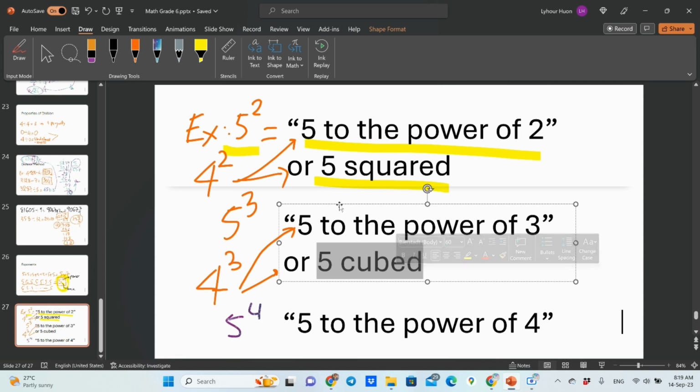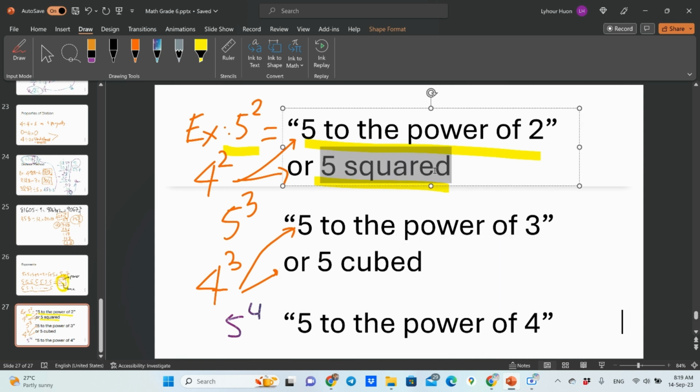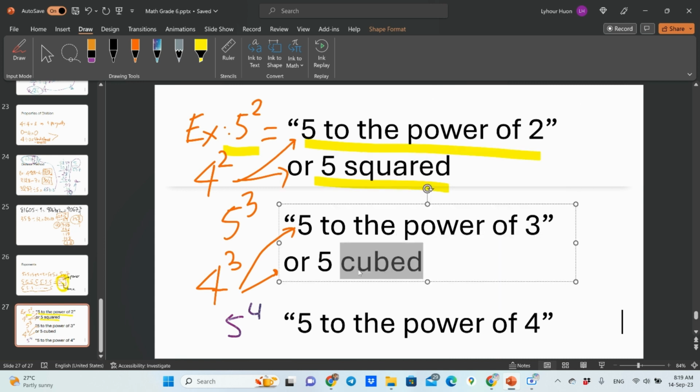Why the 5 square, 5 cube is also we call because it's involving with the geometry. You know the shape, there's a shape called square. So in order to find the area of that square, we need to multiply the side by the side.